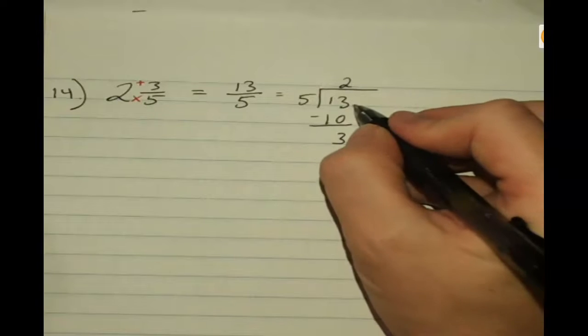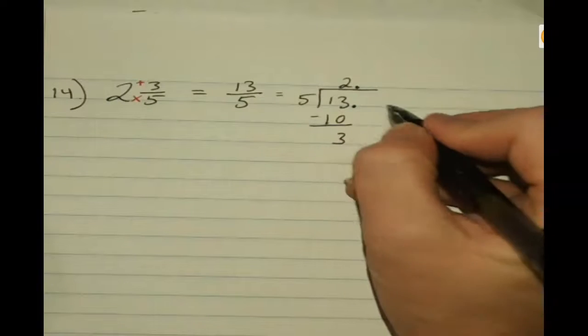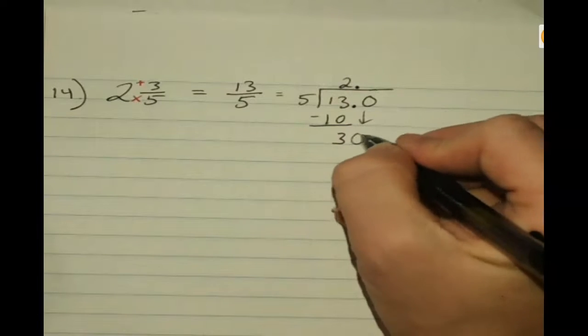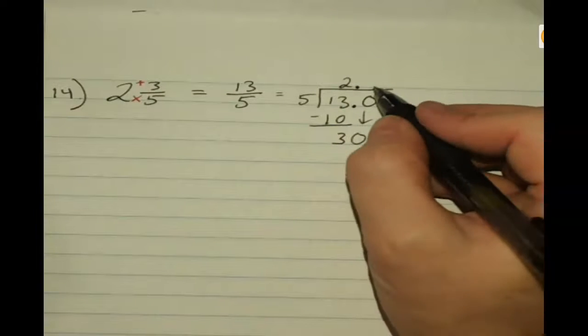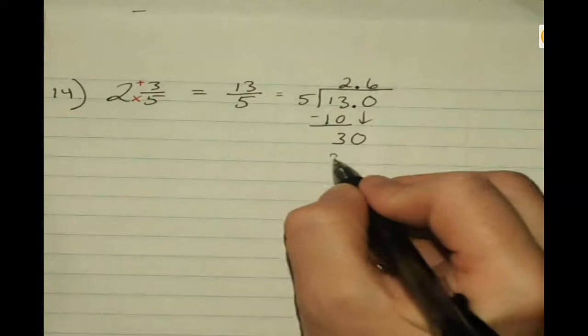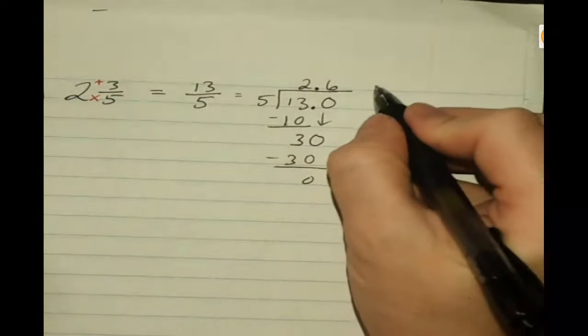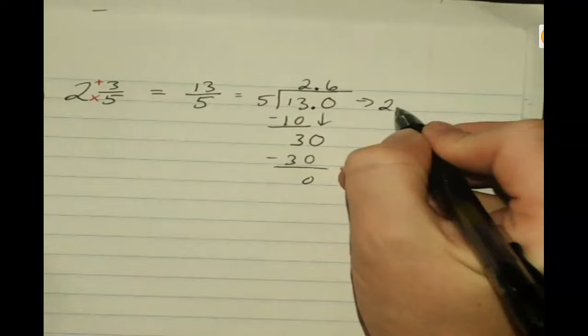You put a decimal on top, yeah, and then you add a 0 and pull it down, and 5 goes into 30 6 times. Perfect. Which is 0. So now I have 2.6.